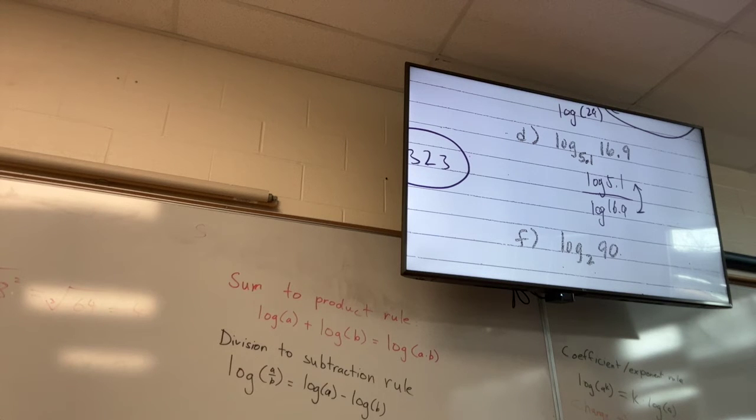So it's the log of the number inside the logarithm over the log of the base. Okay. So it'd be log of 16.9 over the log of 5.1. Does that make sense, Alan? Okay. Can you do that in your calculator for me?